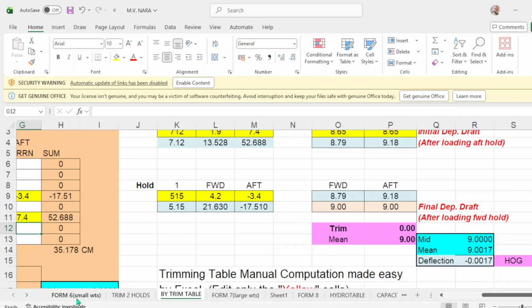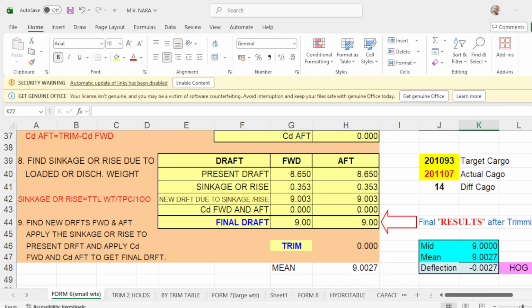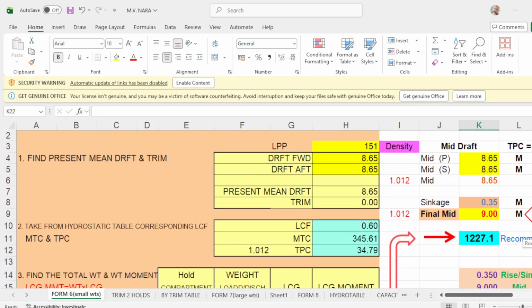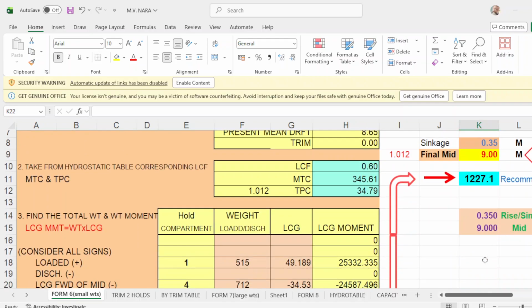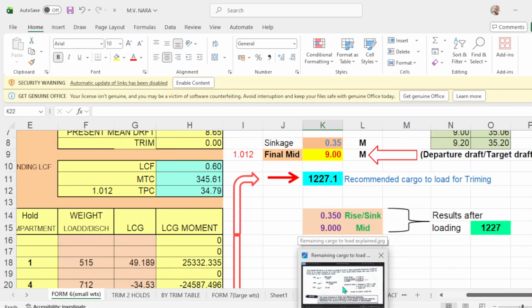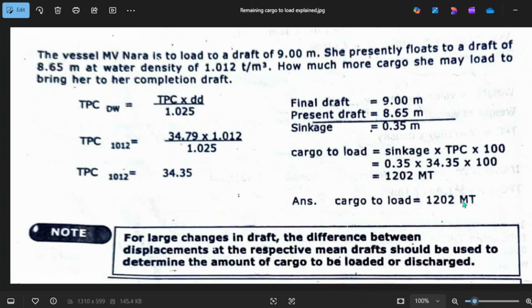Okay? Now, I want you to judge. Okay? In the exercise, his recommended cargo to load is 1,202, and his departure drop is exactly 9 meters.